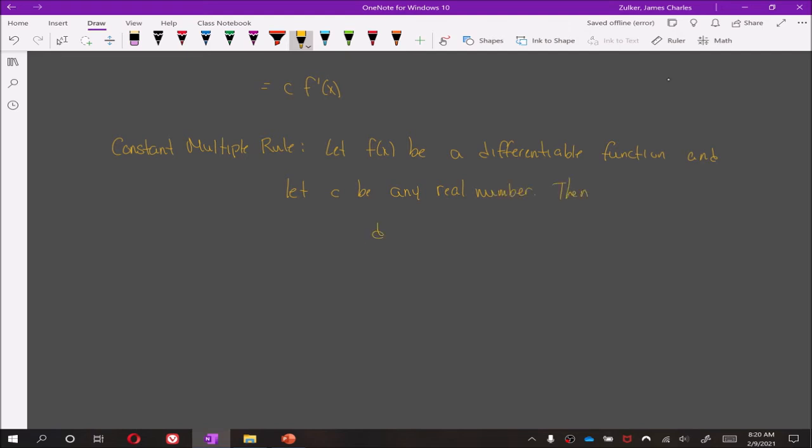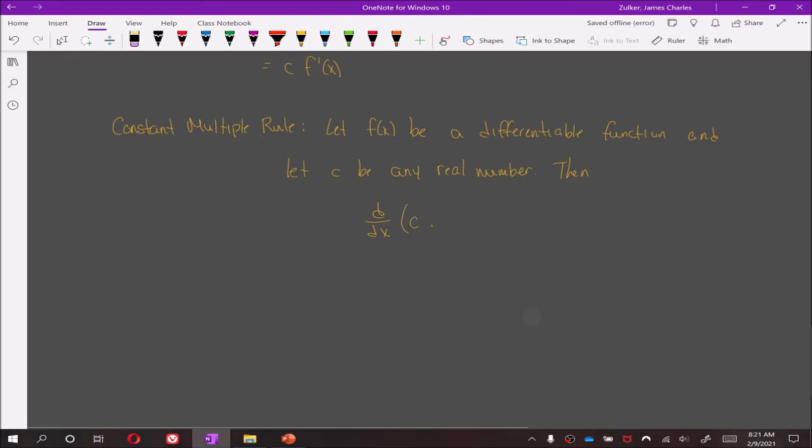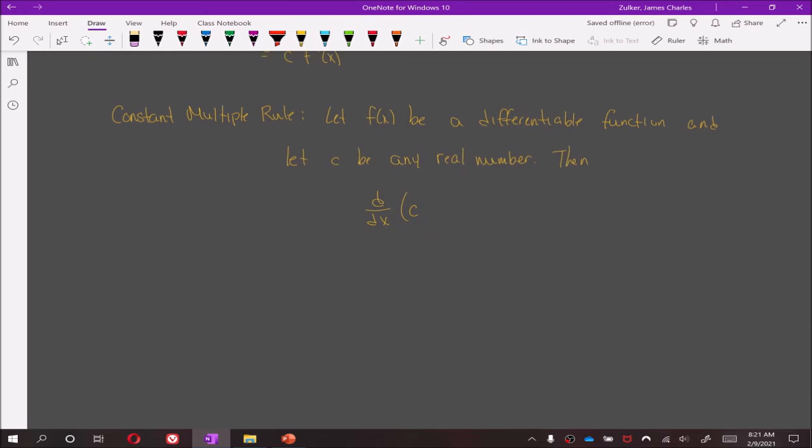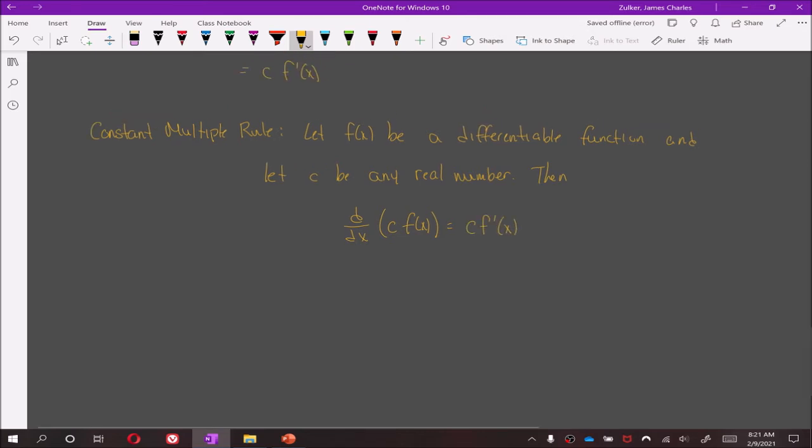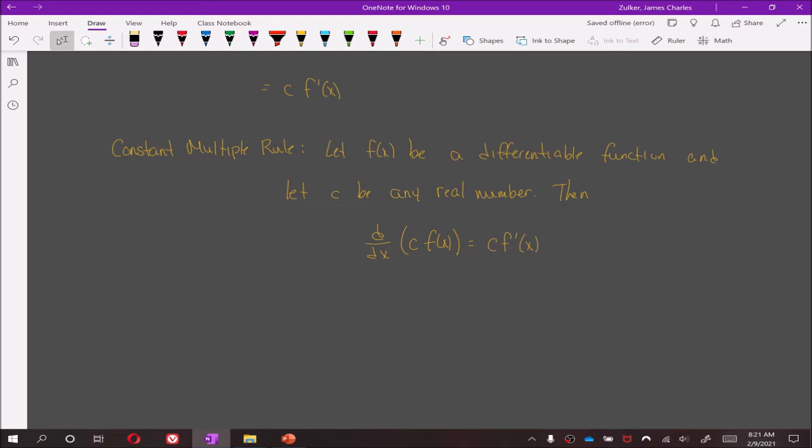Then the derivative of c times f of x is equal to c times f prime of x. So the derivative of a constant multiple of a function is the constant multiple of the derivative.